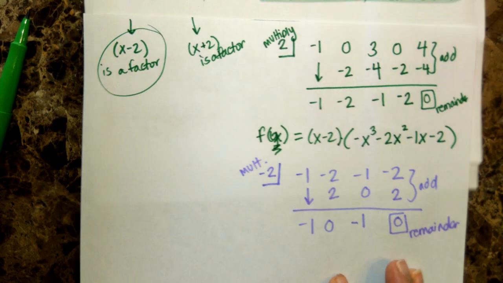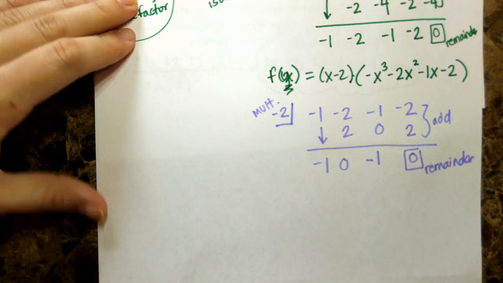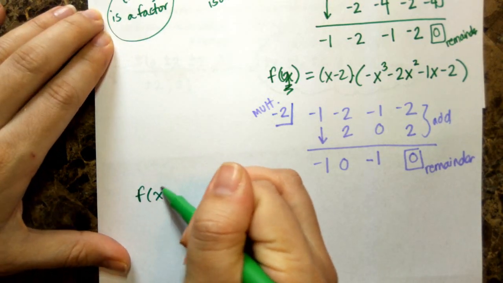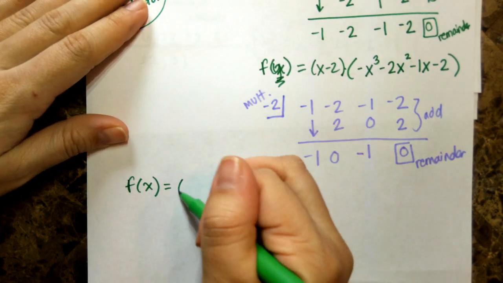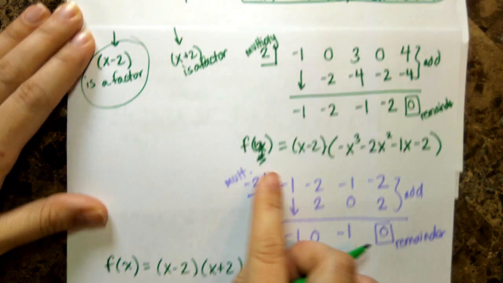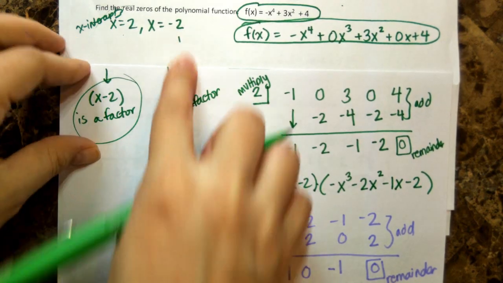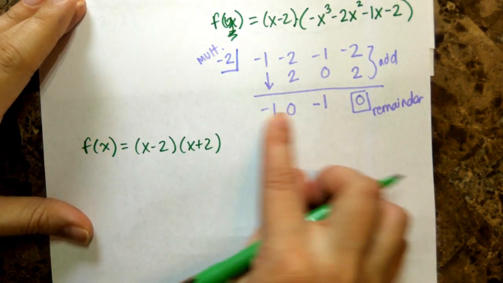Okay. And what this tells me is I can now write my function as f of x equals x minus 2 times x plus 2, because I just took out the factor x plus 2. I did synthetic division. I divided that out. And I am now left with, well, this is what I'm left with.